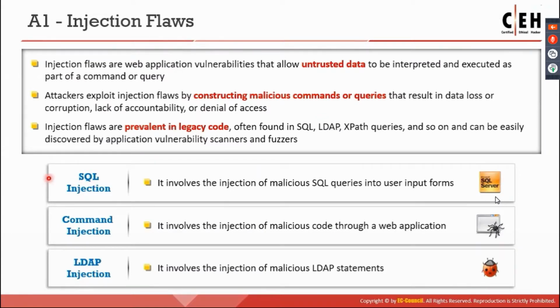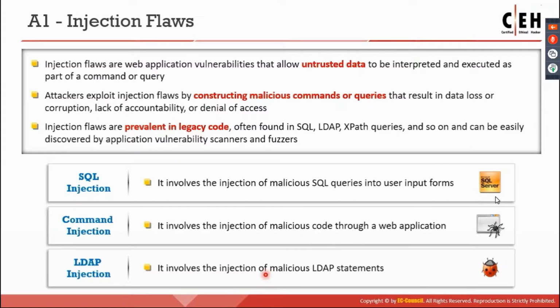Now, I've already mentioned SQL injection, but there are other forms of injection, like, for instance, command injection. With command injection, the attacker can put in whatever arbitrary code they want and have it running on somebody's website.